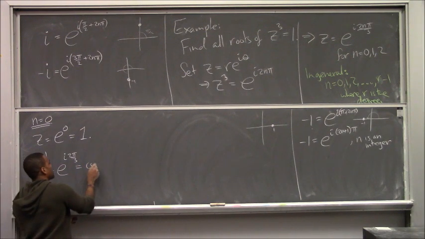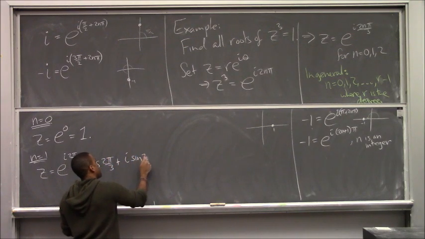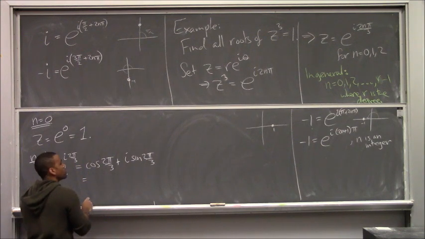Cosine of 2 pi over 3 plus i sine of 2 pi over 3. I don't remember, man. Shout it out all at once.